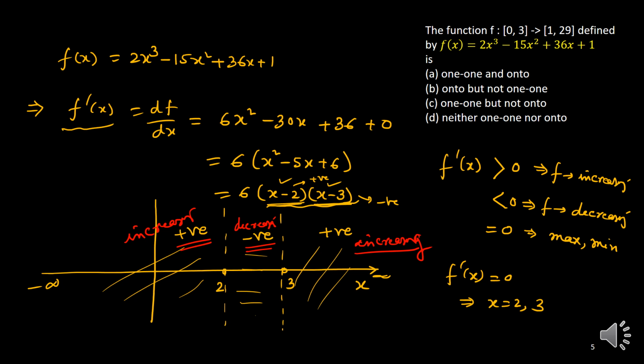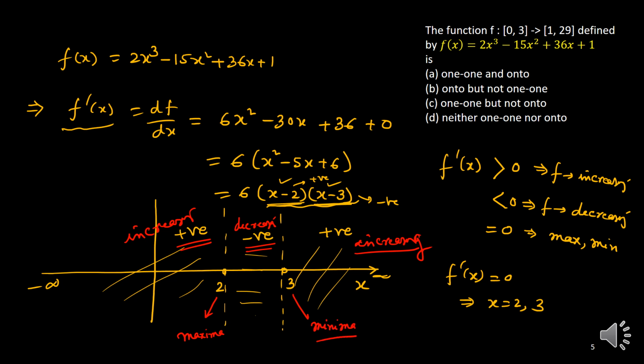Now you see that this function is increasing from minus infinity to 2, then suddenly it is decreasing, which means at x equal to 2 I will have one maxima. At this point the function was decreasing, then beyond 3 it starts increasing again, so here it should have minima.